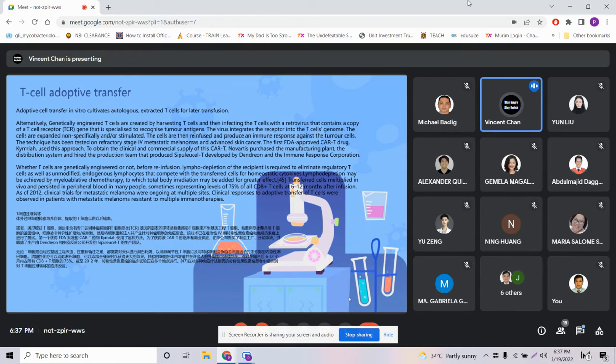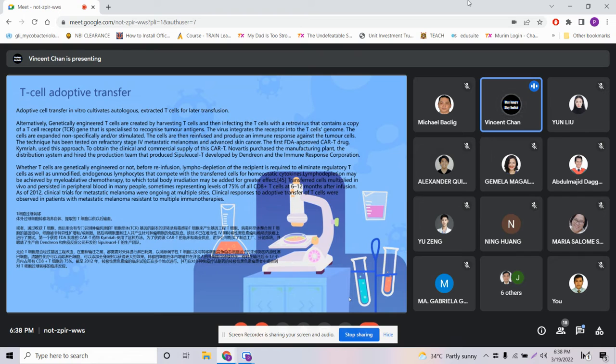And the technique has been tested on refractory metastatic melanomas and advanced skin cancer, the first FDA-approved CAR-T drug.